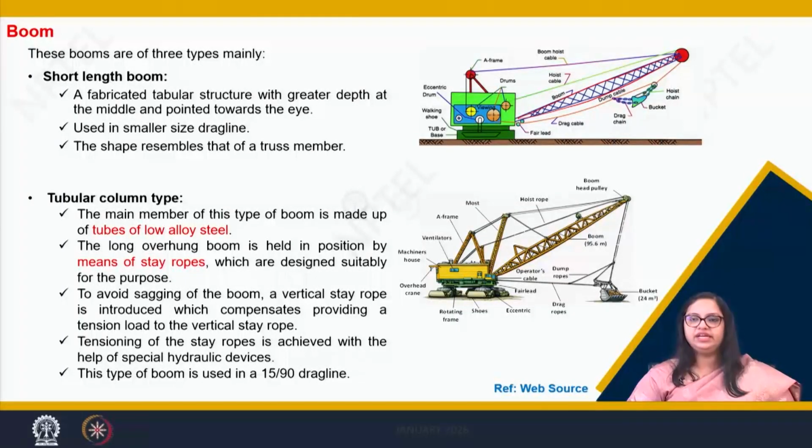At the middle the width is more, and at the end the width is very less or almost pointed. This kind of boom is used in smaller size draglines, where the length is around 9 to 15 or 20 meters.